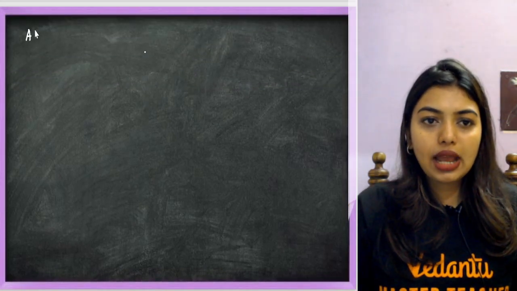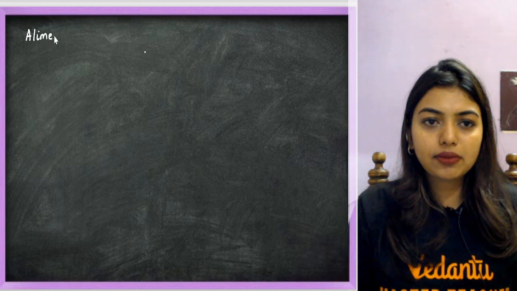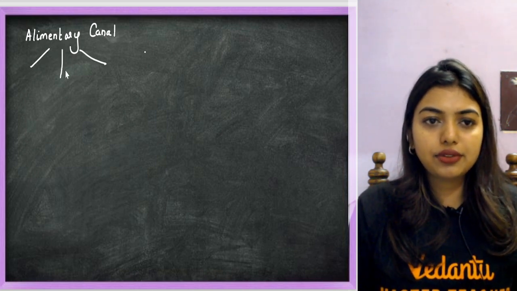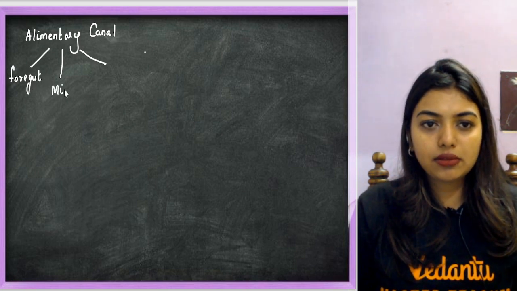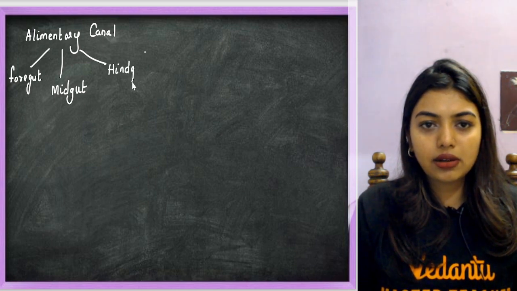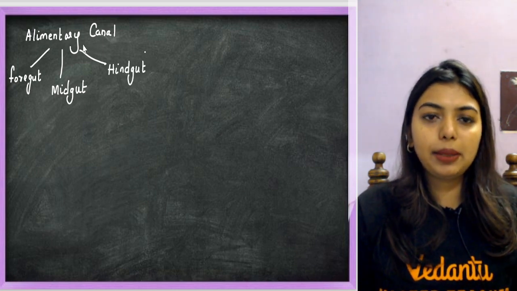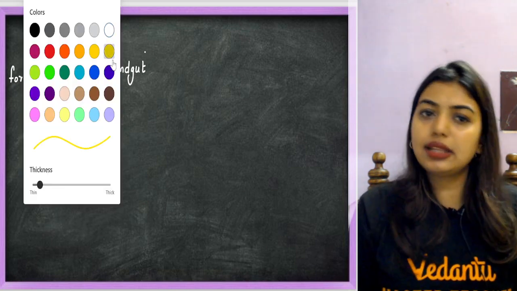So alimentary canal. The alimentary canal has 3 portions: 1, 2, and 3. Foregut, midgut, and hindgut. Now first I'll write the pathway, then I'll write the diagram.